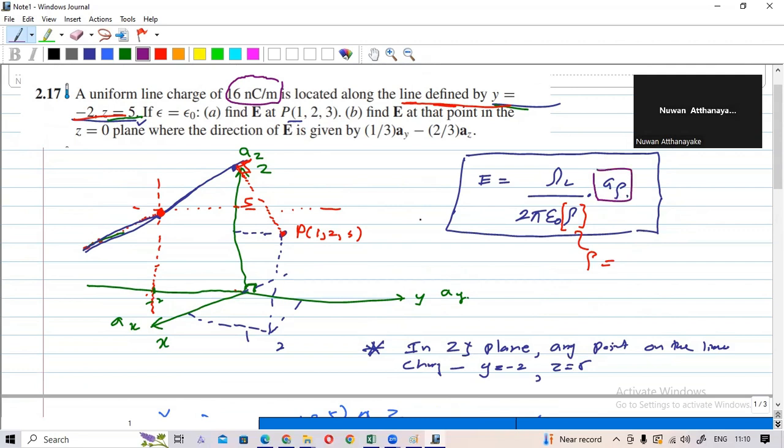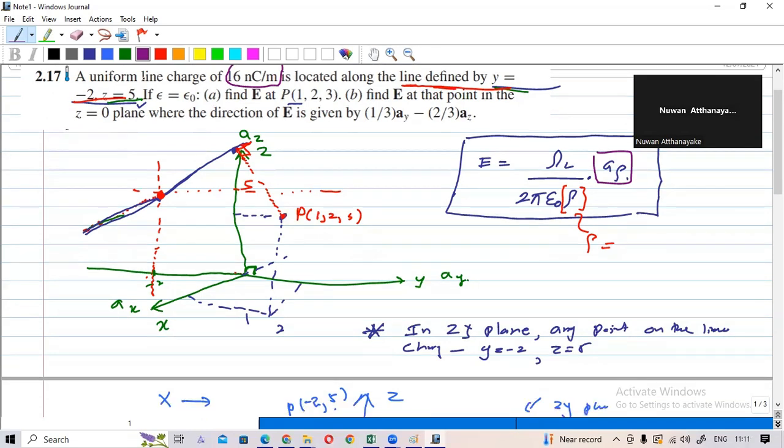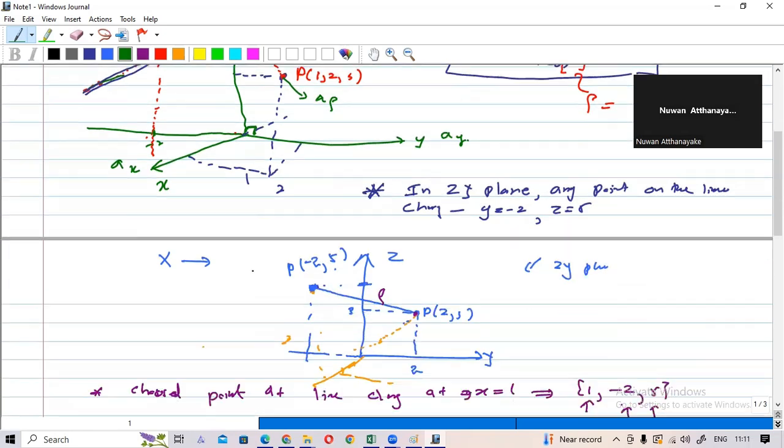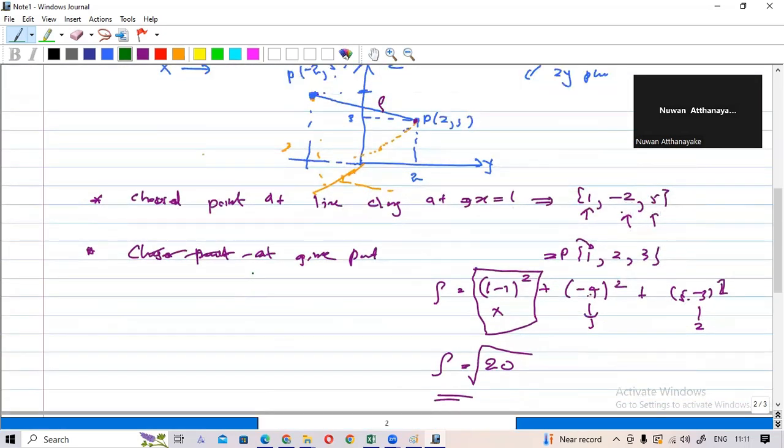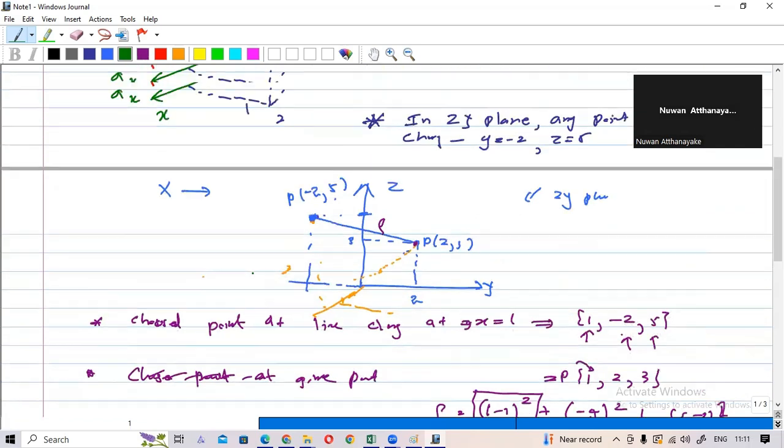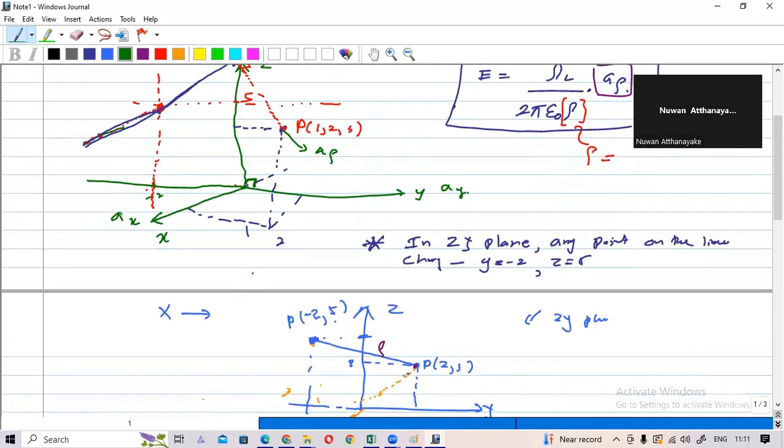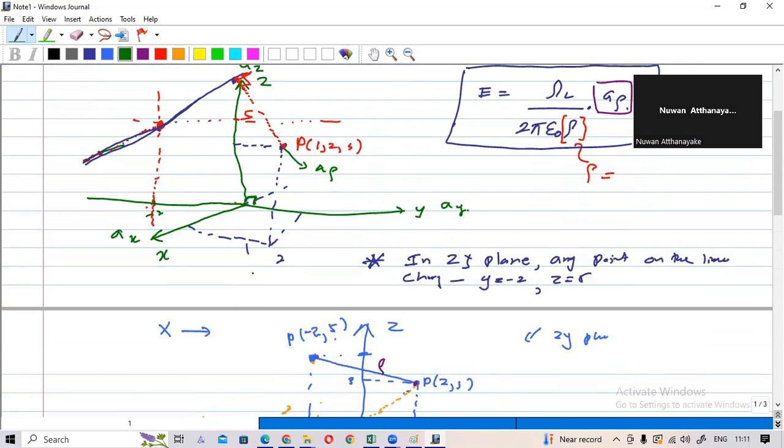Okay, so what is the a rho direction? It is in this direction, so you need to find this direction. You have to use the vector addition theory, so that will be easy.